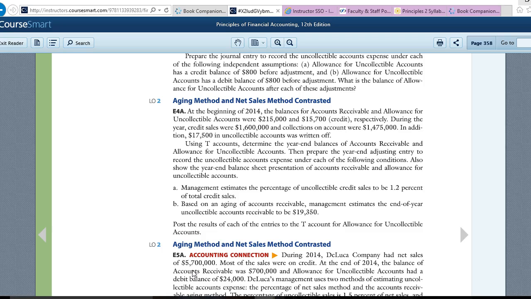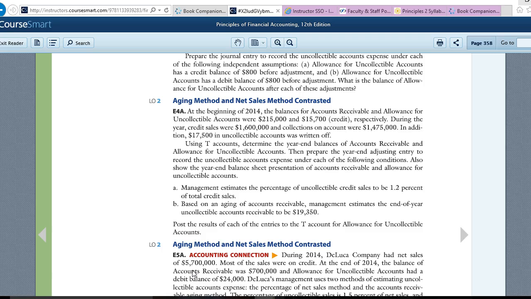Using T accounts, determine the year-end balances of accounts receivable and allowance for uncollectible accounts. Then prepare the year-end adjusting entry to record the uncollectible account expense under each of the following conditions. Also show the year-end balance sheet presentation of accounts receivable and allowance for doubtful accounts.